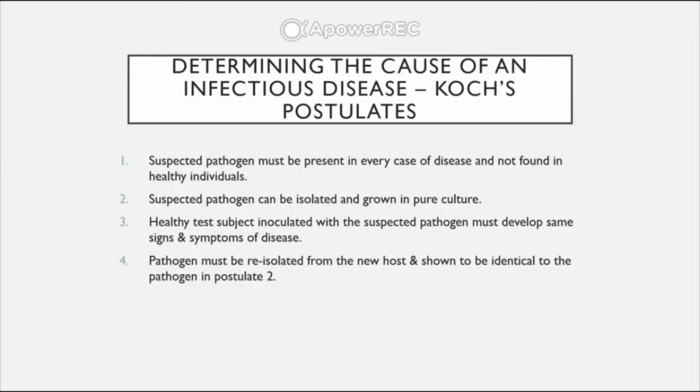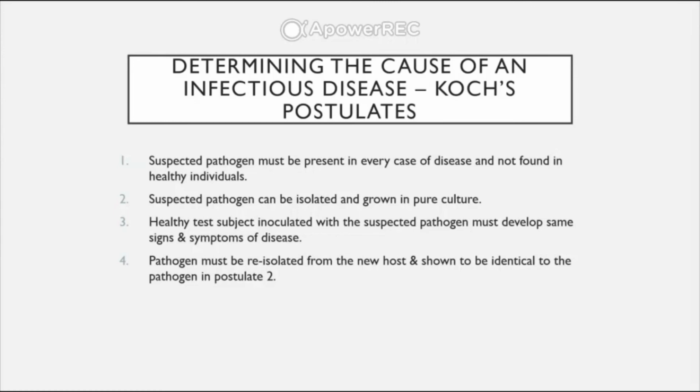The healthy test subject inoculated with the suspected pathogen must develop the same signs and symptoms of the disease. And number 4, the pathogen must be re-isolated from the new host and shown to be identical to the pathogen in postulate 2.